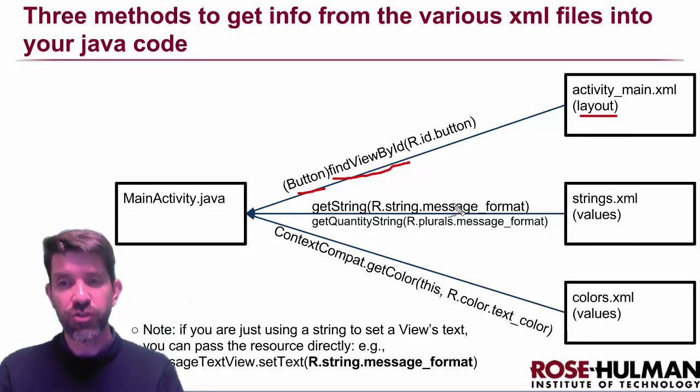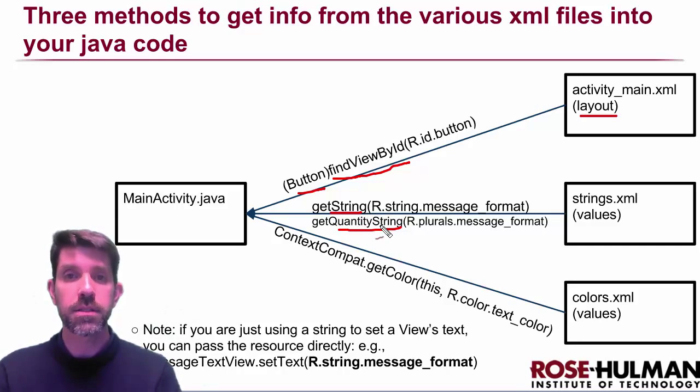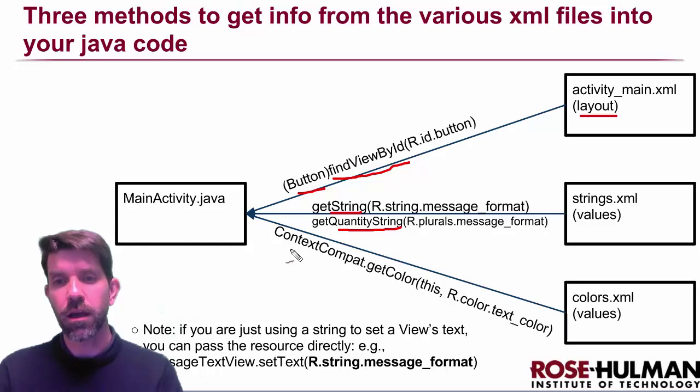If we want to get strings, we did a quantity string there, but there's also a basic getString that you can use. That's pretty simple to use. And then finally, if we want to get colors, then we call this ContextCompat class, and we call getColor on it. We pass in the context and then which color we're looking for.